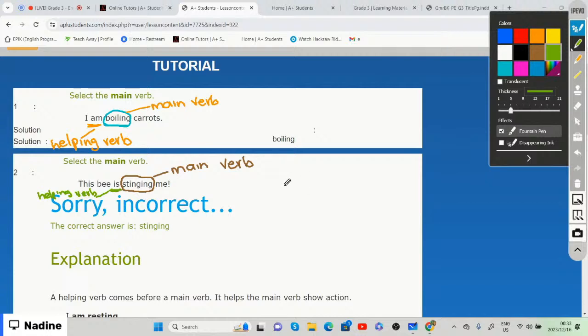So the main verb is stinging, and is is our helping verb.